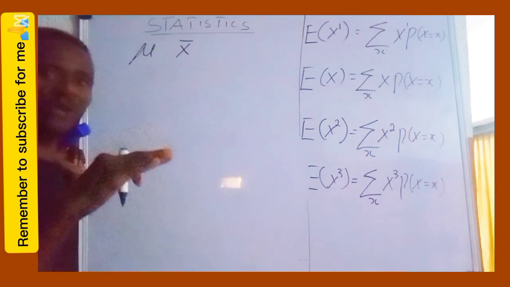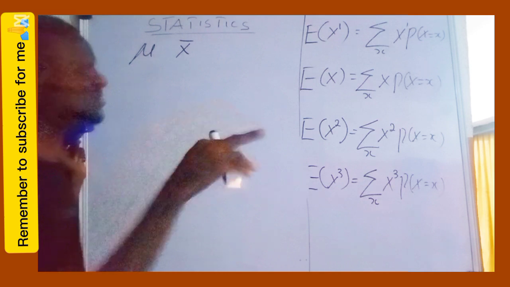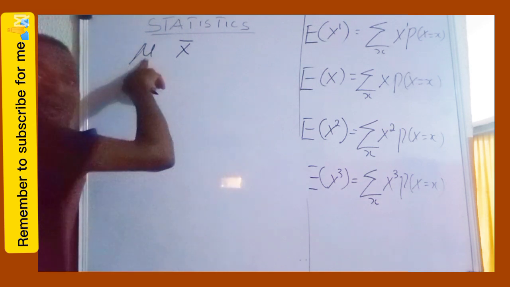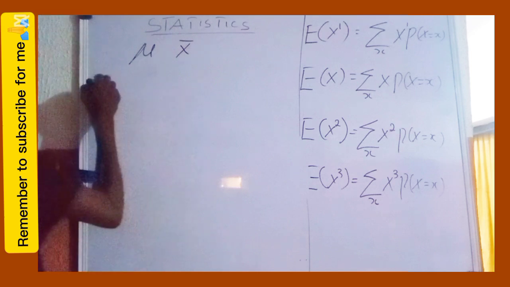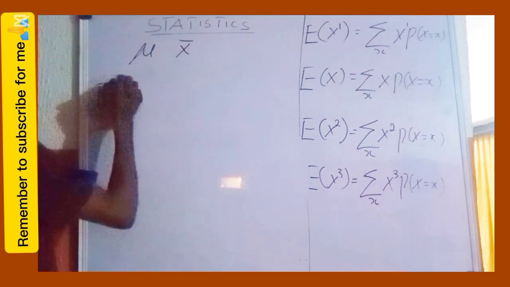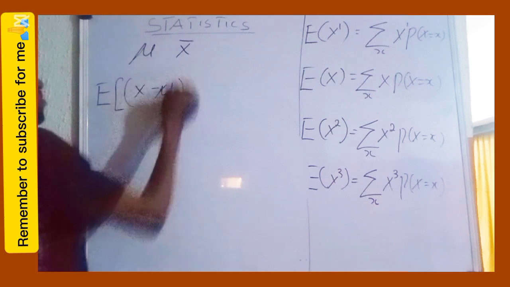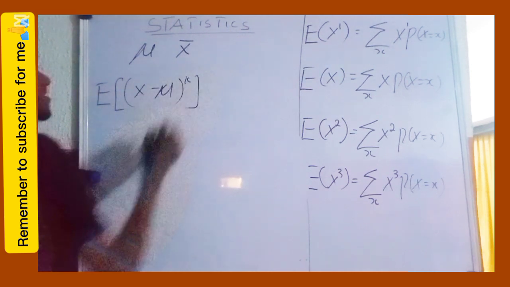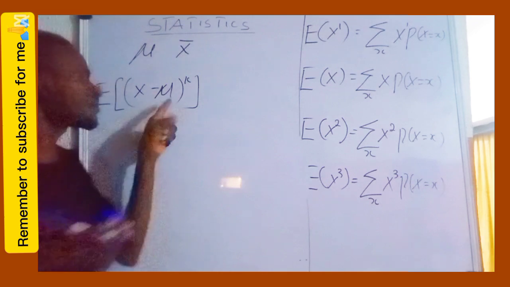So when we talk about the theoretical mean or theoretical moment about the mean, our interest is about this population mean mu. So in that case, what I'm going to have becomes the expected value of x minus mu, all raised to power k.